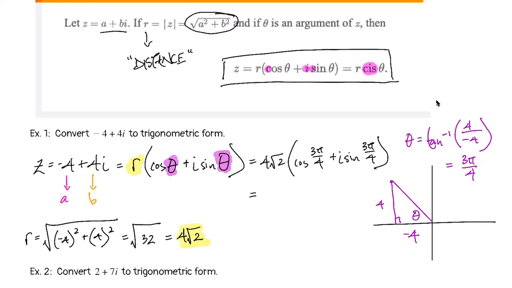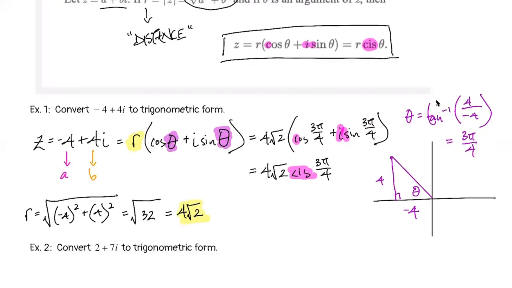Another way we could write it is we could shorten it to be 4 root 2 cis of 3 pi over 4. And again, that cis comes from the cosine, i, and the sine. Okay, that gives you that cis, right? So either form there is acceptable, all right? Now you just have to remember how to find the r and to find the theta.